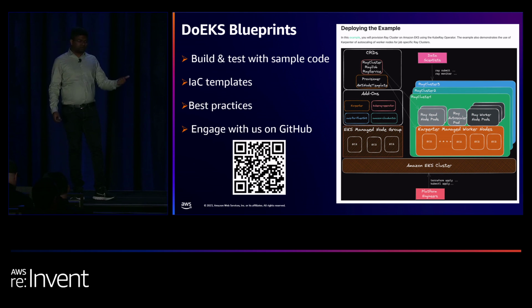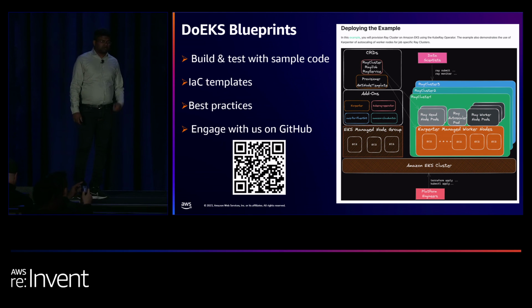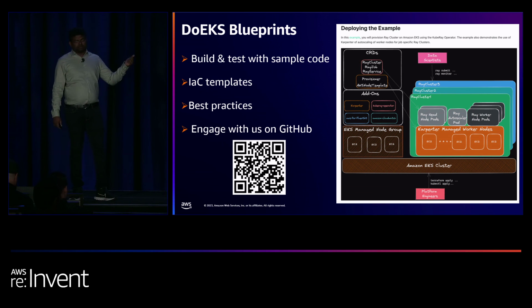It provides Terraform blueprints that you can use to just Terraform apply, and you get any stack of interest to you across data analytics and data streaming. We have Apache Flink on EKS, we have JARK on EKS, and we have Spark on EKS as well. So feel free to check out our website and engage with us on GitHub.